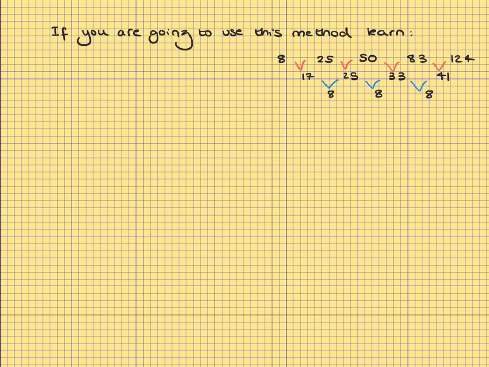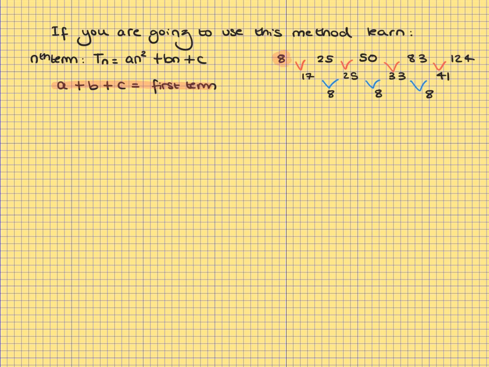So if you're going to use this method to find the nth term of a quadratic sequence, you are going to need to learn that the nth term will take the form an squared plus bn plus c, and you're going to need to learn the rules that a plus b plus c is equal to the first term of the sequence, so this 8 over here in this example.